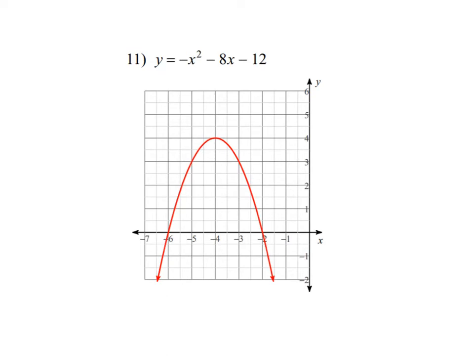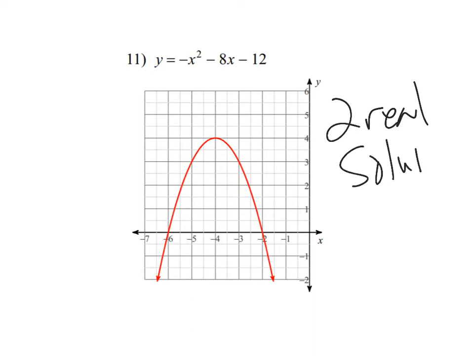I see that it opens down. I also see that it crosses the x-axis twice. The graph's a little weird. Here's the y-axis, here's the x-axis. I see it crosses twice, so that tells me there are two real solutions, two real roots we might call it. Two real zeros, we might call it. The reason we call them zeros is because aren't the coordinates at that point -2, 0?